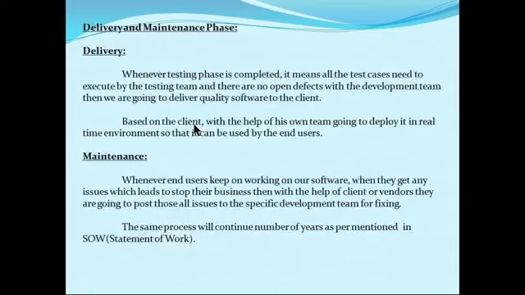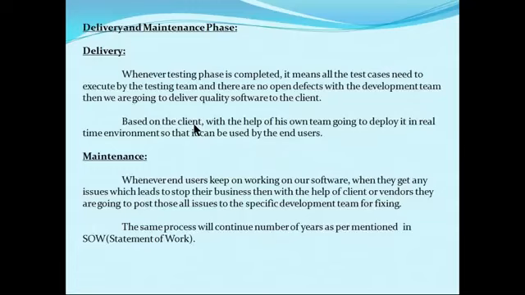Last phase, what do we have? Delivery and maintenance phase. What is delivery? Whenever the testing phase is completed, it means all test cases have been executed by the testing team, and there are no open defects with the development team. That's very important. There are no open defects. Open defects means what? What is the meaning of open?